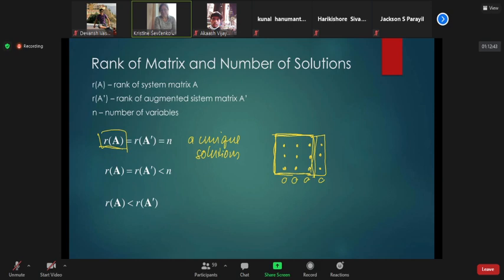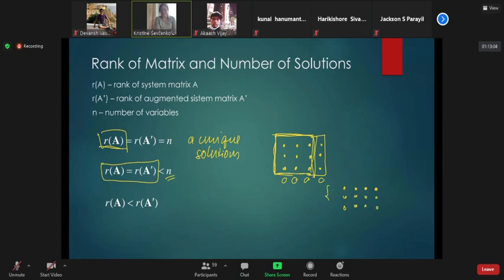If, however, the rank of the system matrix and the augmented matrix is the same, but the number of variables is greater, which means I have not a square matrix, but something like this.